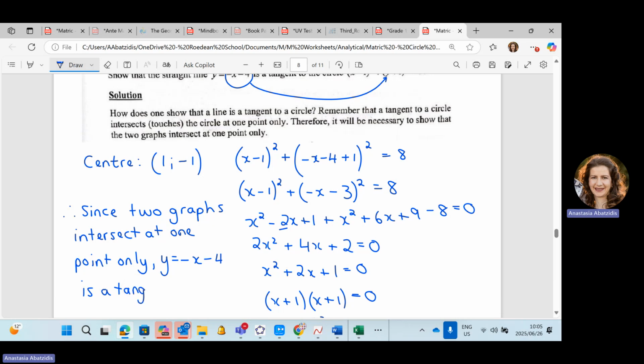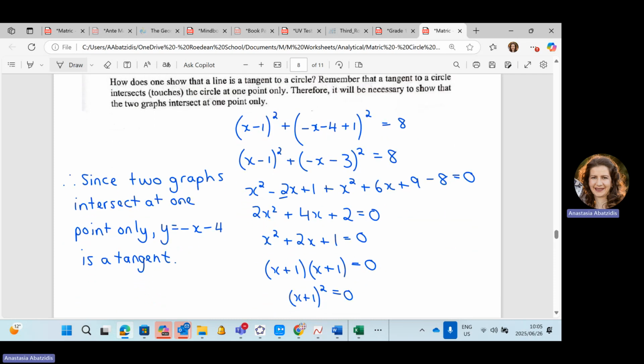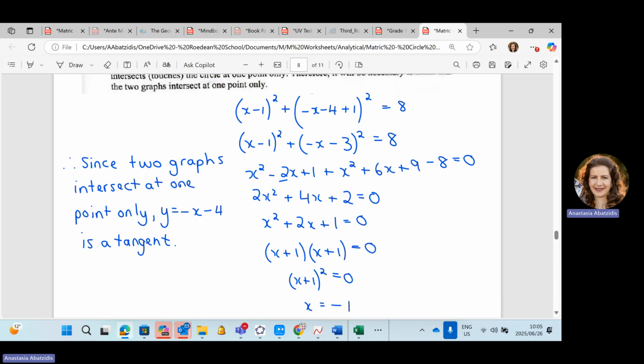Okay, so actually with this one, we didn't need the center of the circle. It had nothing to do with it. We just needed to show that the two graphs intersect at 1 point only. That makes it a tangent.